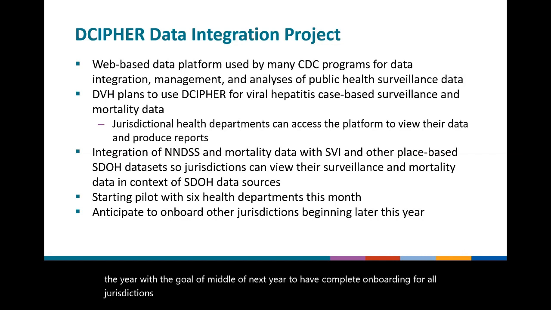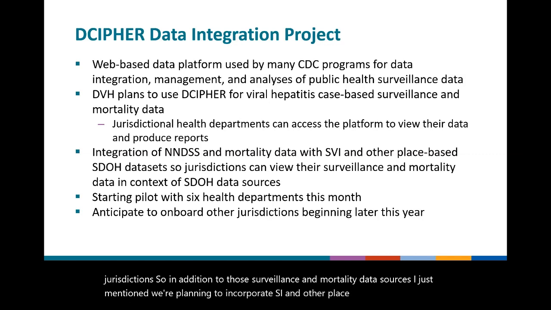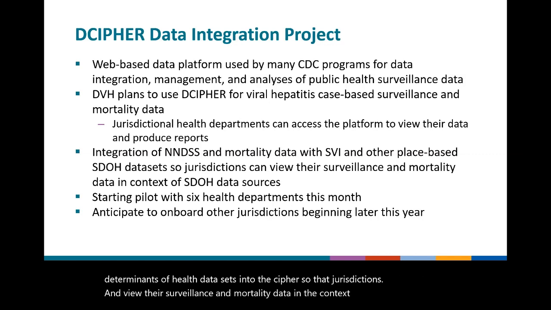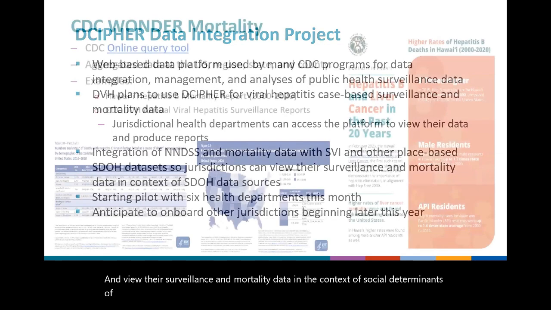So in addition to those surveillance and mortality data sources I just mentioned, we're planning to incorporate SVI and other place-based social determinants of health data sets into DCIPHER so that jurisdictions can view their surveillance and mortality data in the context of social determinants of health data sources.